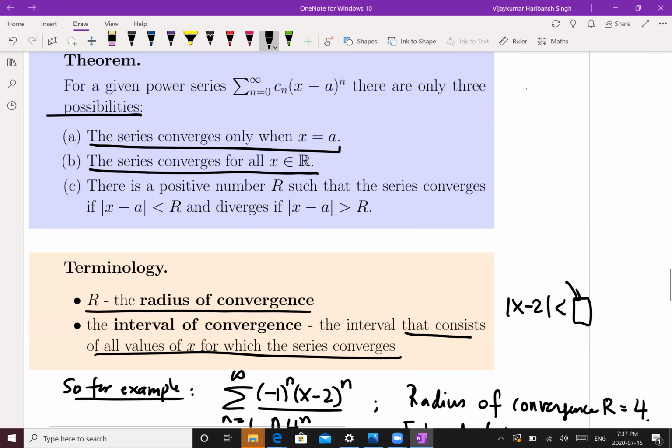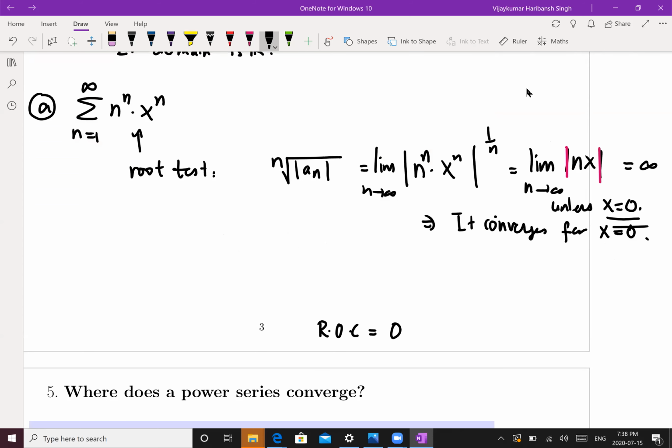Secondly, for this problem, the radius of convergence is what? 0, right? And the interval of convergence for this example is just a singleton element, 0. So it only converges at the center. Note that every power series will converge at the center, right?